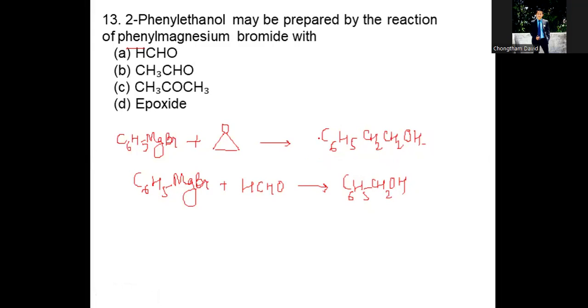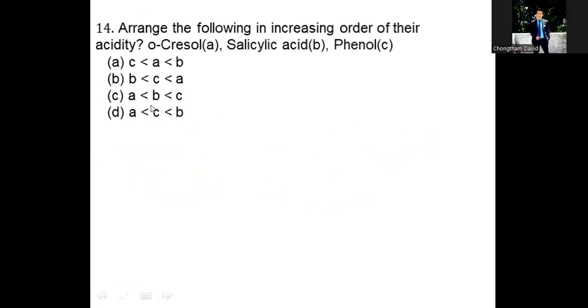It can be prepared from ethylene oxide. This is primary. So the answer for this question will be epoxide.